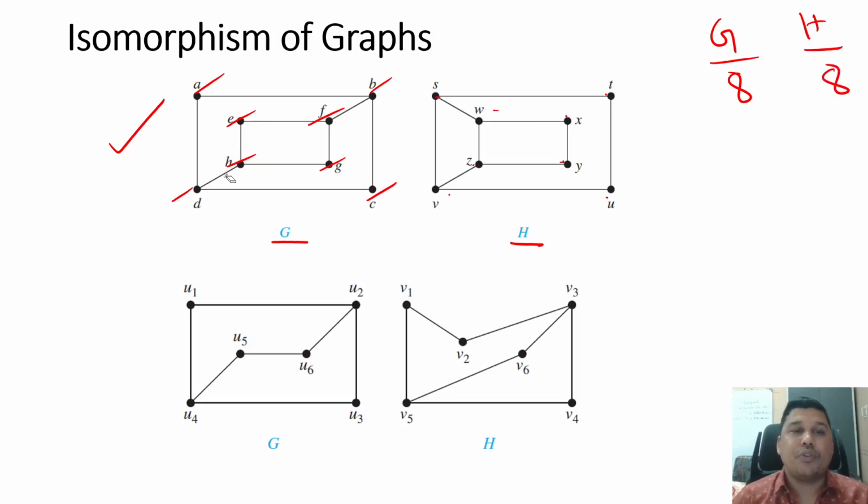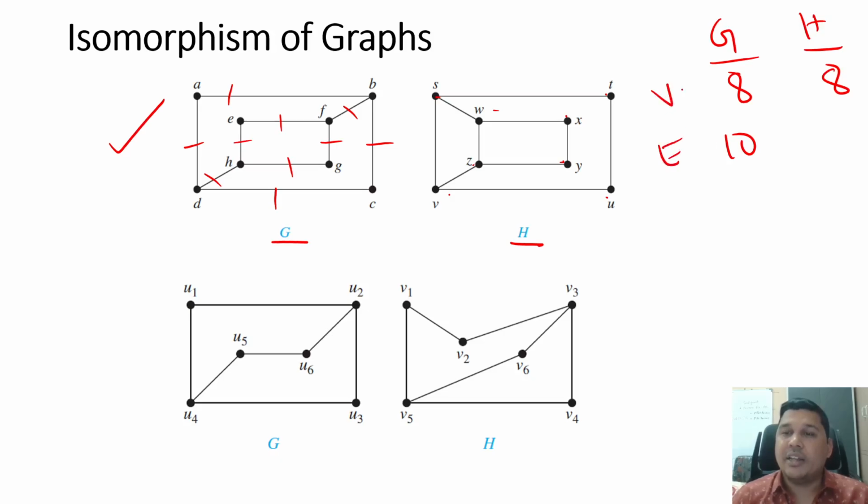Perfect. Now find out the number of edges in G. It is 1, 2, 3, 4, 5, 6, 7, 8, 9 and 10. So the number of edges here is 10. Here also 1, 2, 3, 4, 5, 6, 7, 8, 9 and 10. Here also it's the same, 10 and 10.